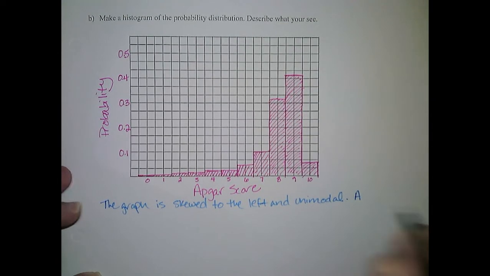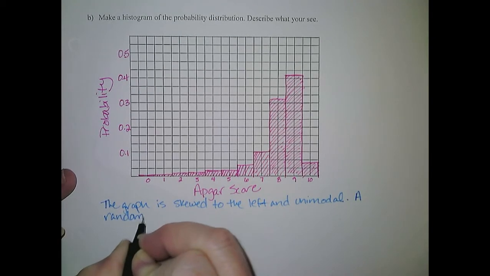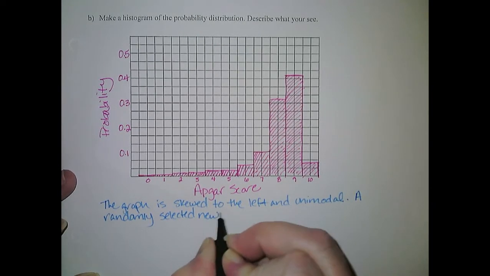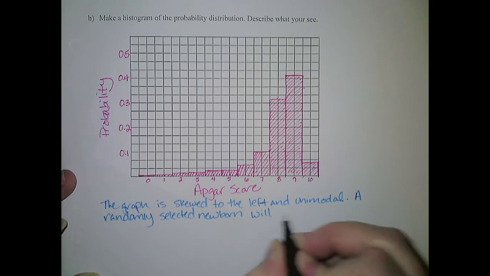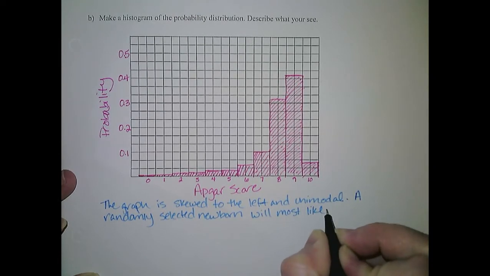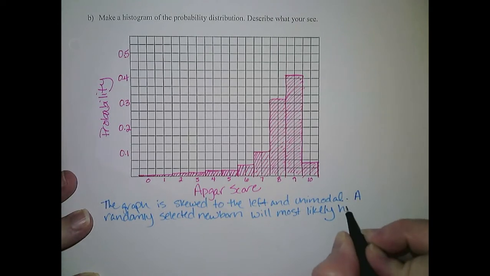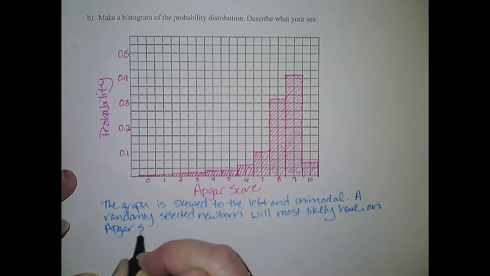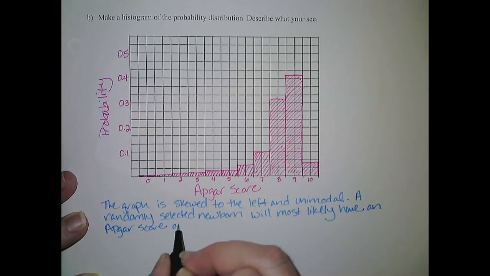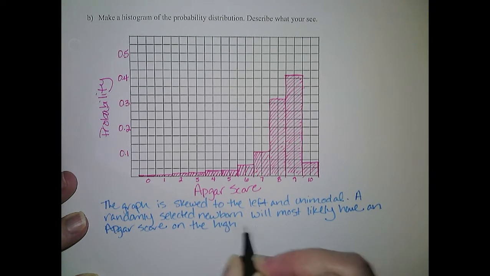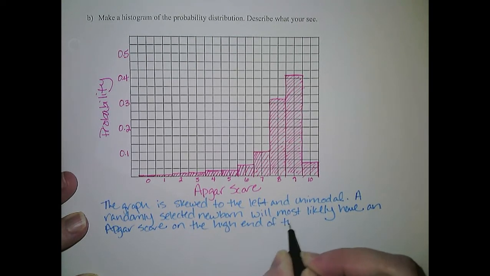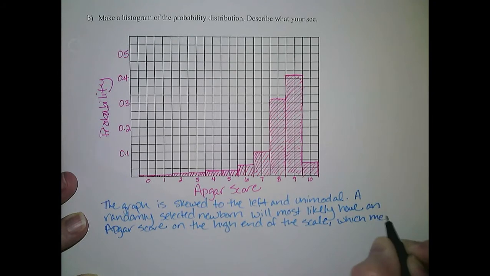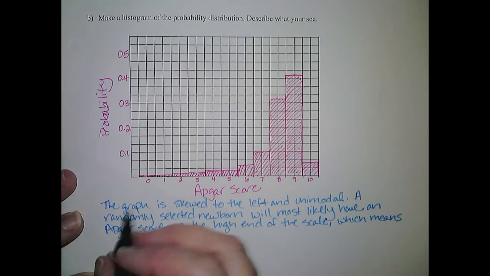So a randomly selected newborn will most likely have an APGAR score on the high end of the scale, which means the baby will be fairly healthy at birth.